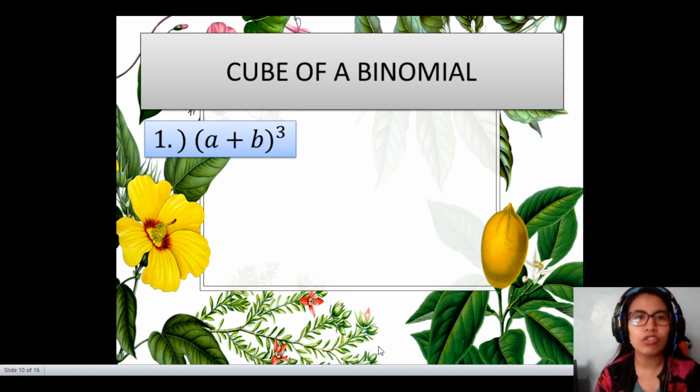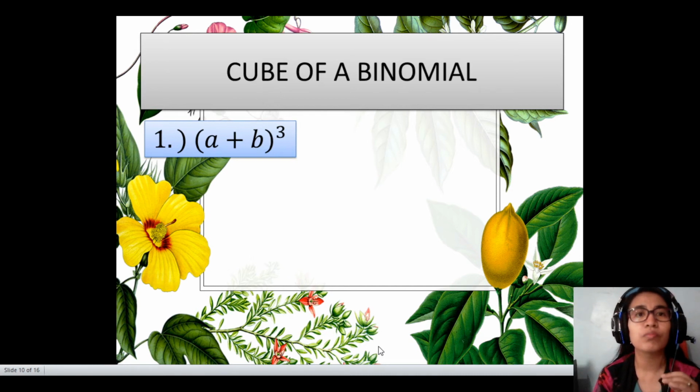Then for the second term, multiply again the a and b, but this time the a should be squared. Square the a, multiply it to b, and multiply it to 3. For the third term, because it will have 4 terms for your final answer, just copy the a, but square the b, then multiply it to 3.